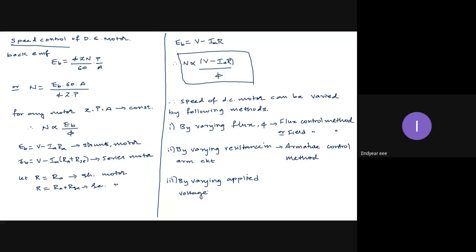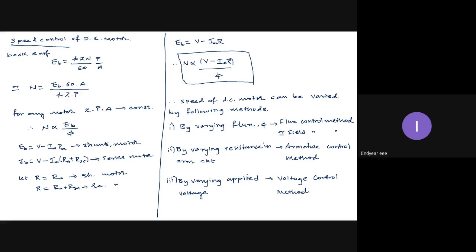We'll study that, there is one mechanism. So this method is known as the voltage control method.